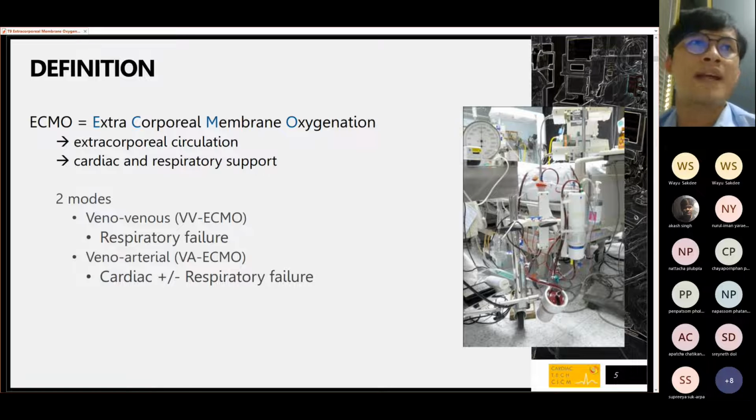VV ECMO focuses on respiratory failure, and VA ECMO supports both circulatory and respiratory function. So it can be said that it takes over both. It seems like CPB, but this takes more time to learn.